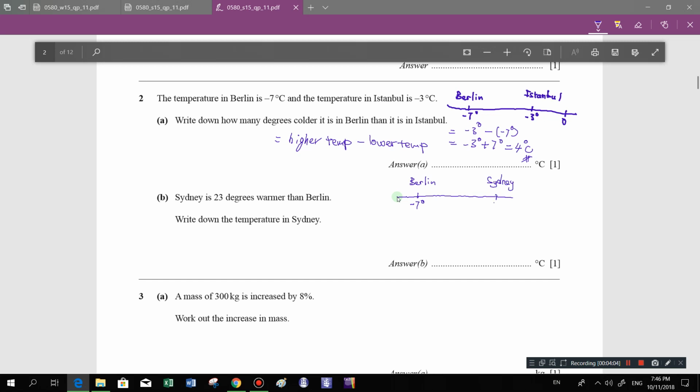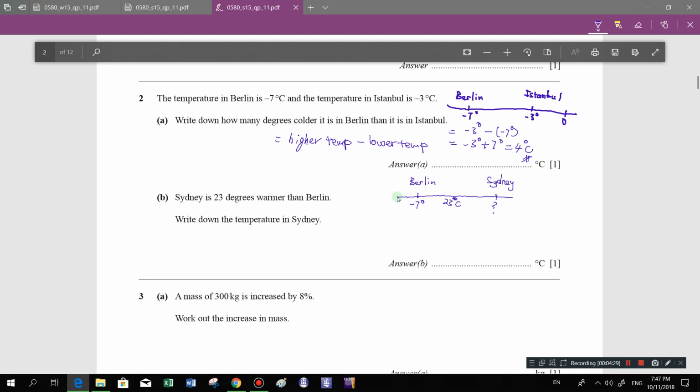They're asking what is this temperature. The difference is 23 degrees. It's 23 degrees warmer than Berlin. Therefore, Sydney has to be of higher temperature. That's why it's on this side.